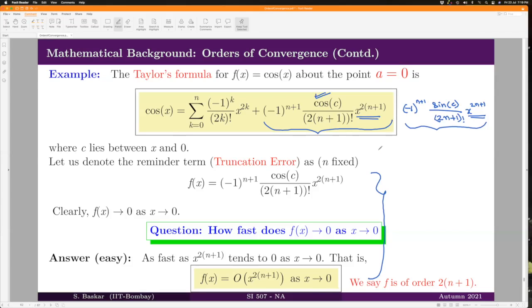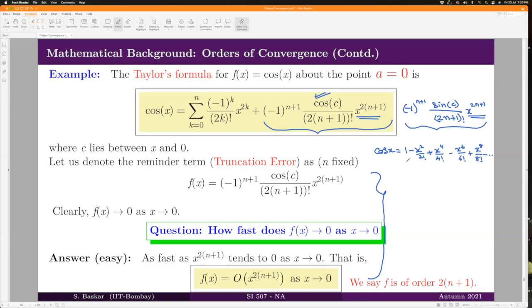If you recall, the series representation of cos x is 1 minus x square by 2 factorial plus x power 4 by 4 factorial minus x power 6 by 6 factorial plus x power 8 by 8 factorial, and so on.